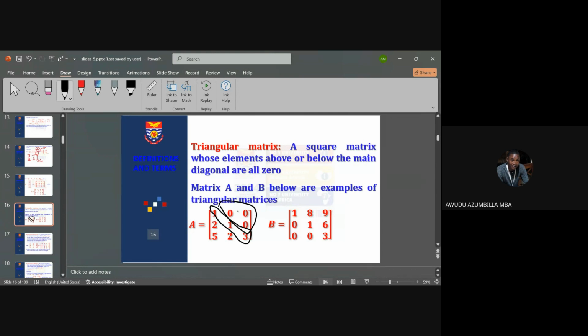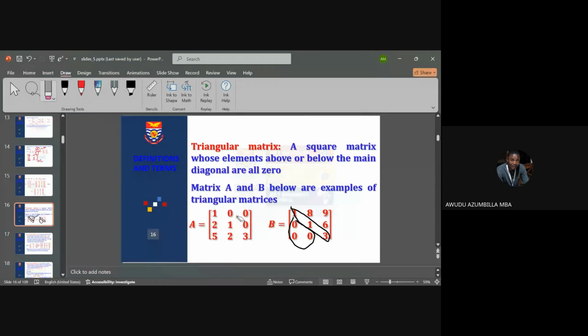So we have zeros here. And the elements below the main diagonal are also 0. And this is what we call triangular matrices. You have divided the matrix into 2.